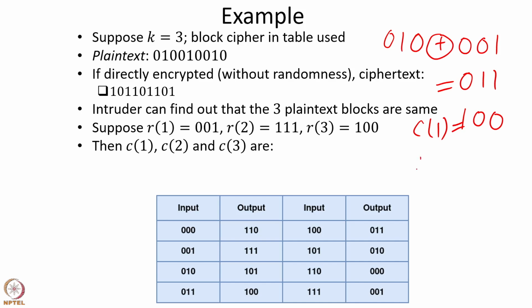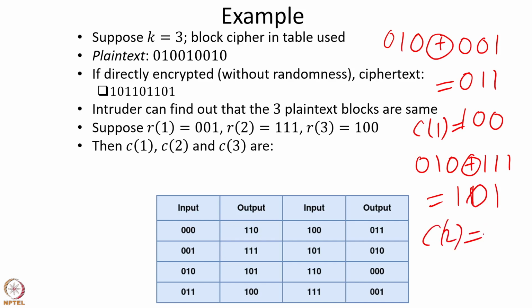So that's 0, 1, 0 XOR 1, 1, 1, which is 1, 0, 1, and then we find the ciphertext corresponding to this plaintext, and hence C2 is the ciphertext block corresponding to 1, 0, 1, that's 0, 1, 0, and so on and so forth.